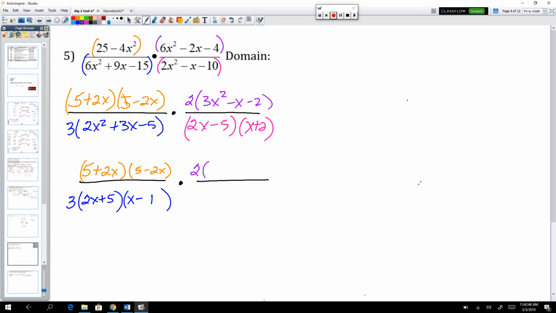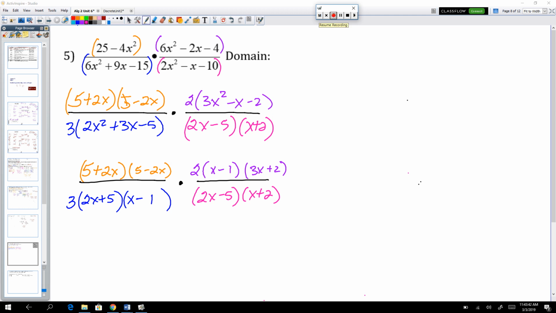We still have this 2 out front, and then what multiplies to negative 6 adds to negative 1, and then you have to simplify that further. So we have 2 times x minus 1 and 3x plus 2. And then on the pink, we didn't have to do any more work. 2x minus 5 and x plus 2.